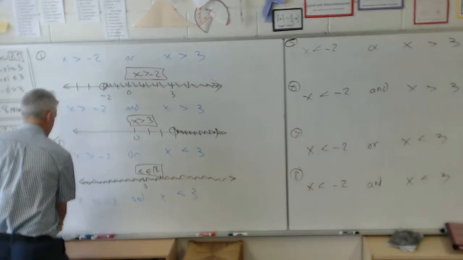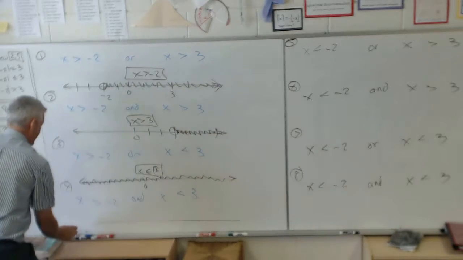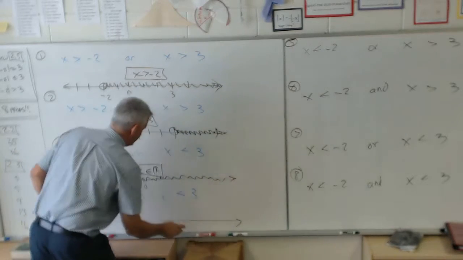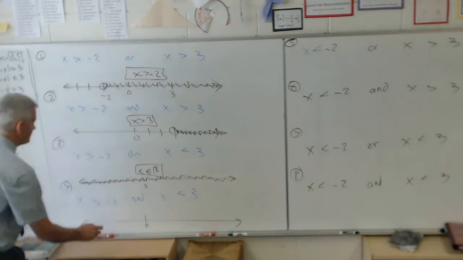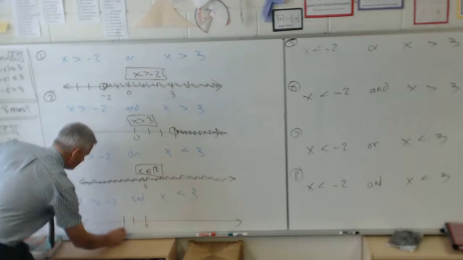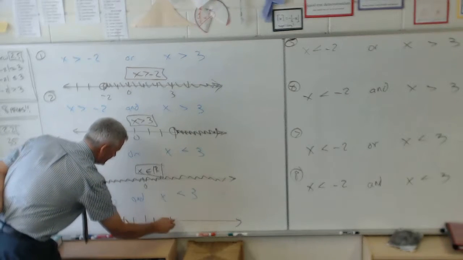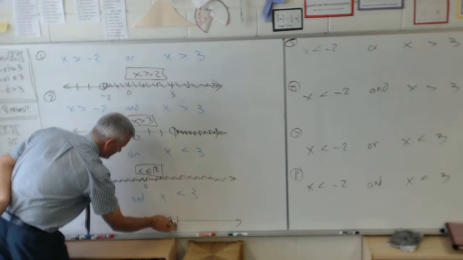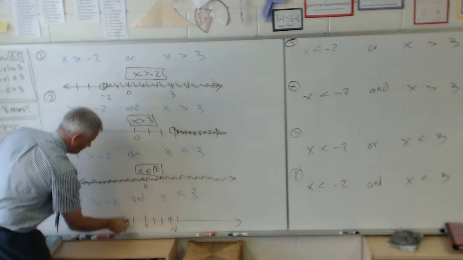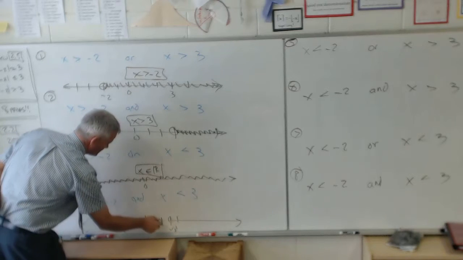Now, Alyssa, I think you were, in your mind, doing and. It's very common, so you're lucky you get to do and now. What's the solution to the and problem? It's anything between -2 and 3. That's correct. And she said anything between -2 and 3, not including the endpoints.